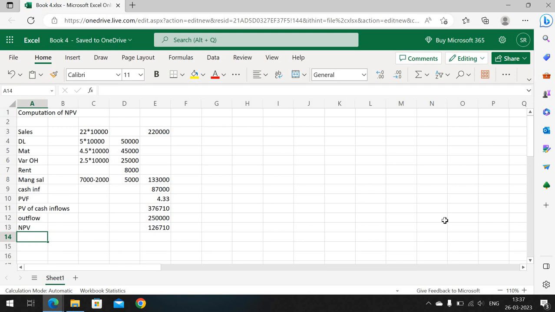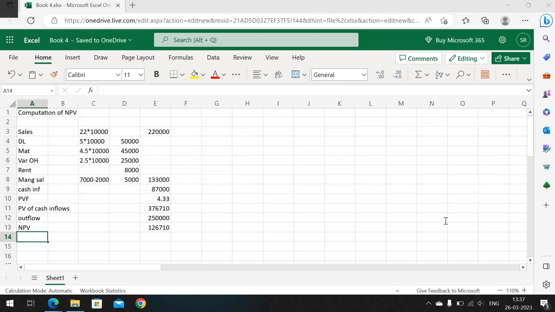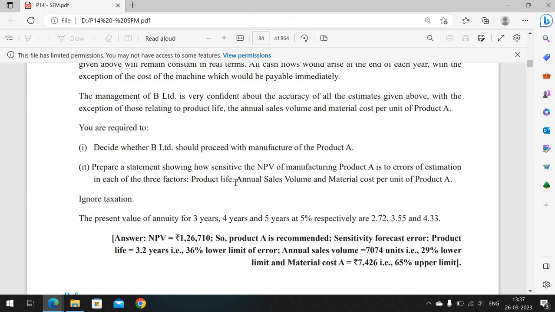Now we need to calculate sensitivity factor for product life, etc. Product life is based on the discounted payback method. What is meant by payback?